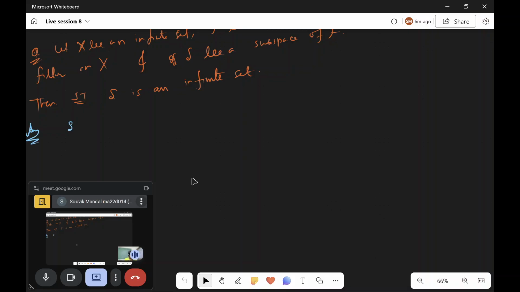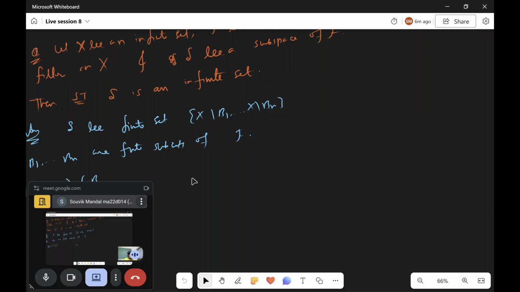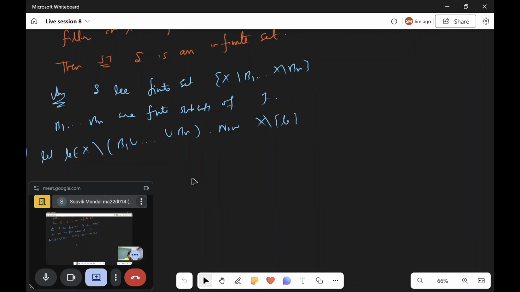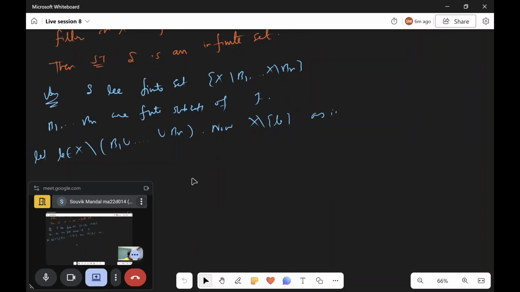Let S be a finite set, and let x minus b1, x minus b2, ..., x minus bn, where b1, b2, ..., bn are finite subsets of X. Now let b belong to x minus b1 ... bn. Now x minus singleton b as in.